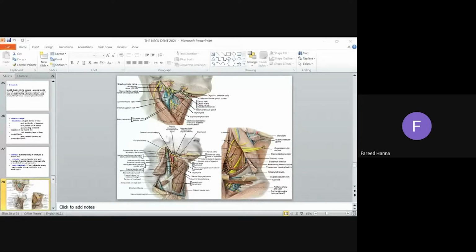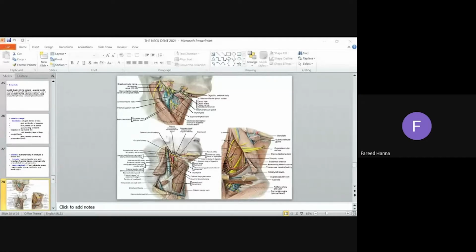This is the base of the mandible. This is the anterior belly of digastric muscle. Here is the hyoid bone. This is the superior belly of omohyoid muscle. And deep to these is the posterior belly of digastric muscle.